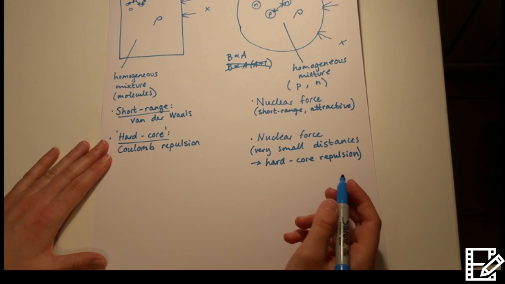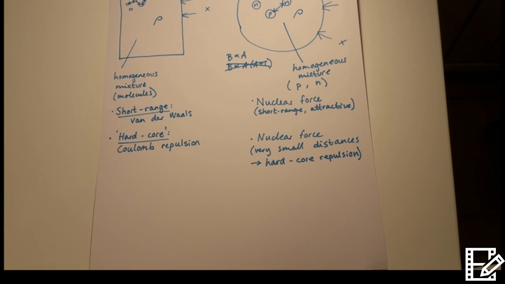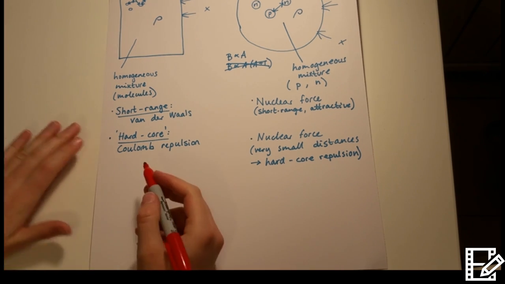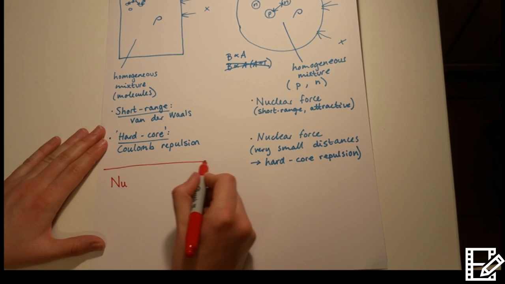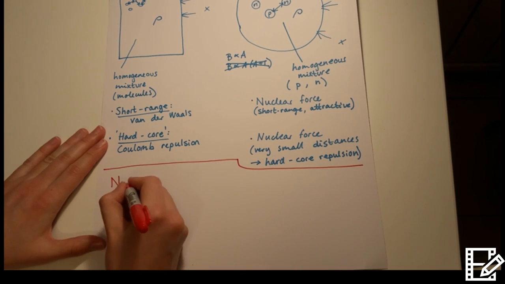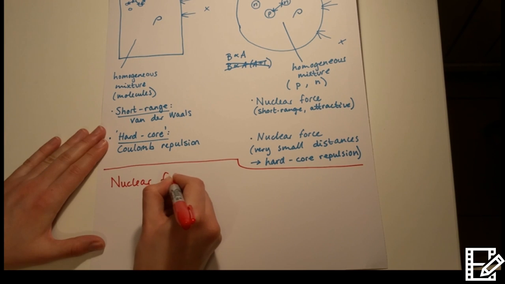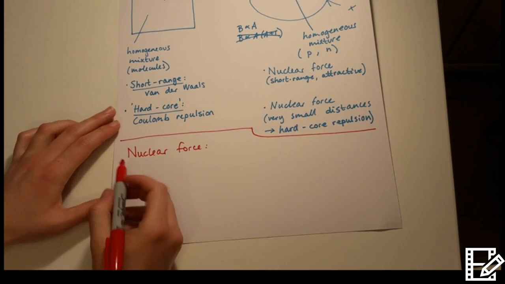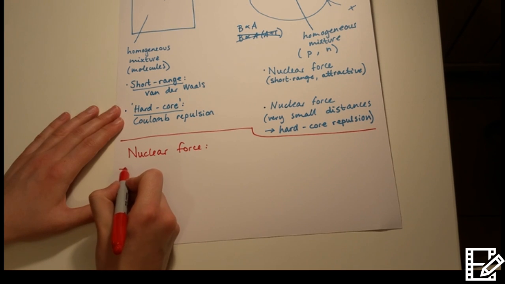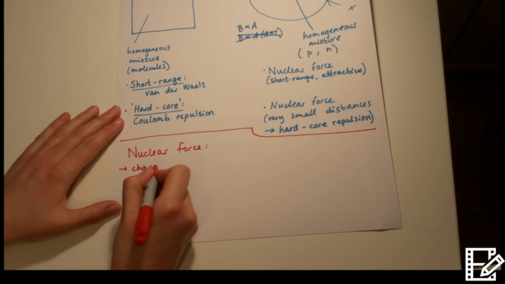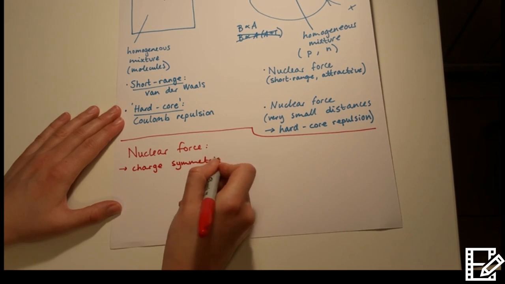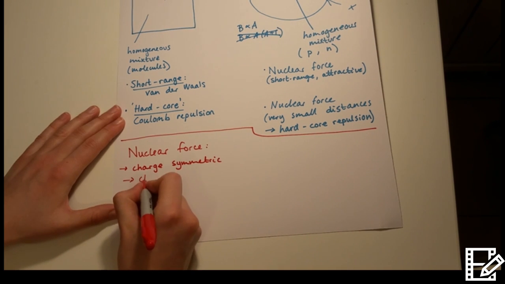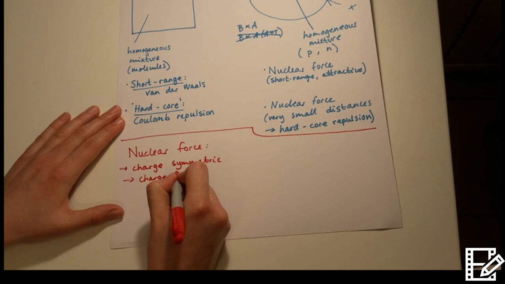Another few points to notice about the nuclear force, I'm just going to add here at the end because it's interesting and good to know. Nuclear force: we say that it is charge symmetric and charge independent.